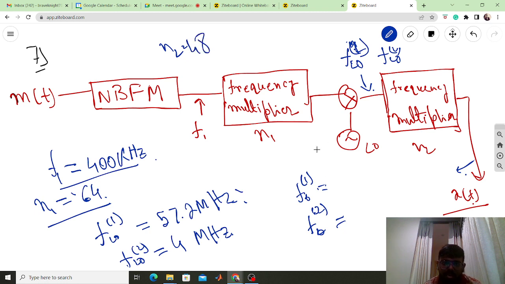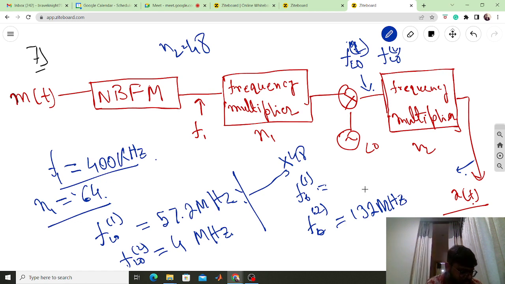So the first one becomes 192 megahertz and the second one becomes 2745.6 megahertz. So this is the summary of this block diagram.